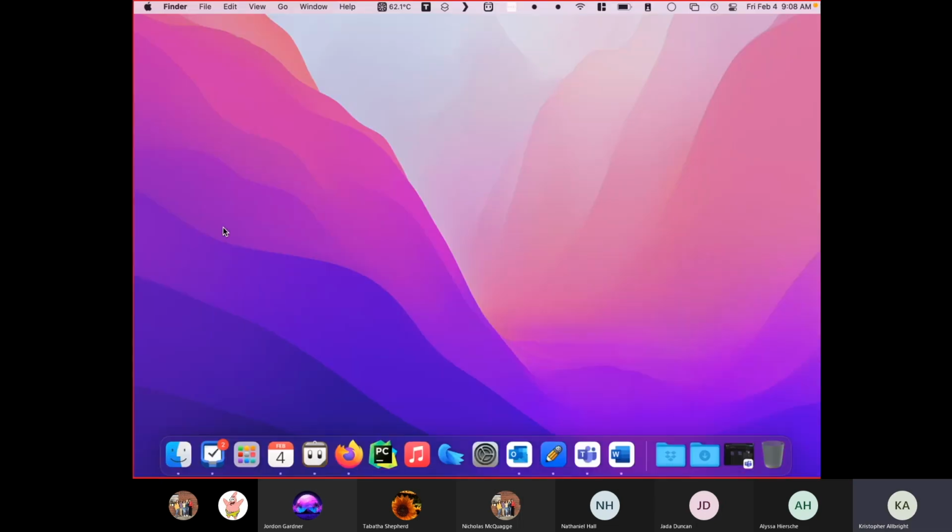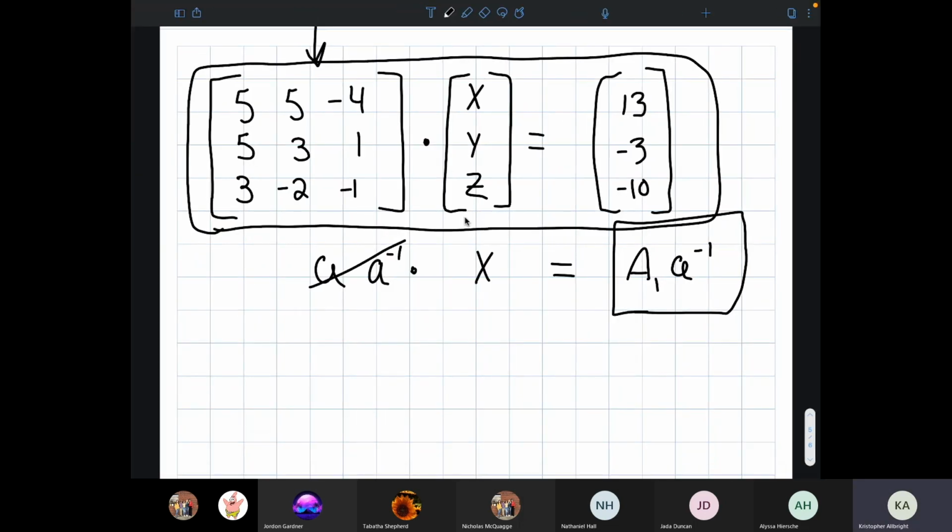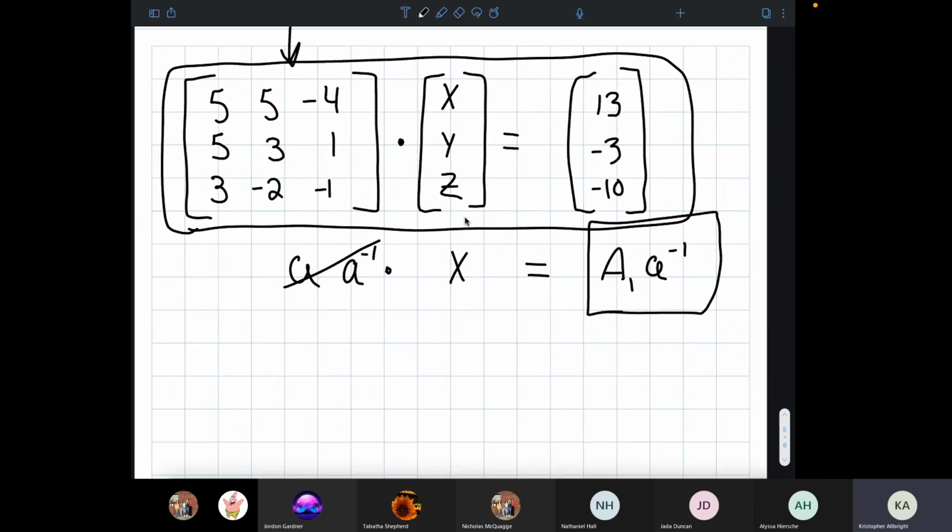13, negative 3, 10. So X, Y, and Z equals, what does it say now? 13, negative 3, and negative 10.